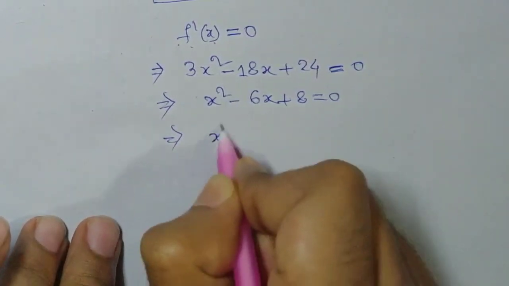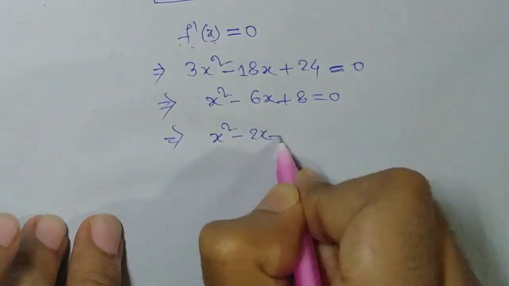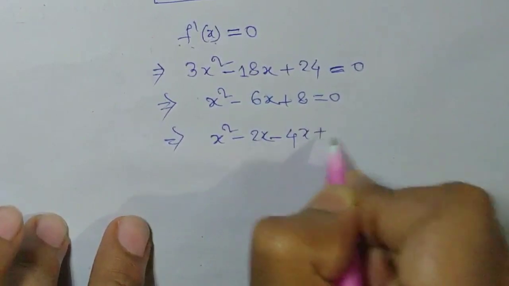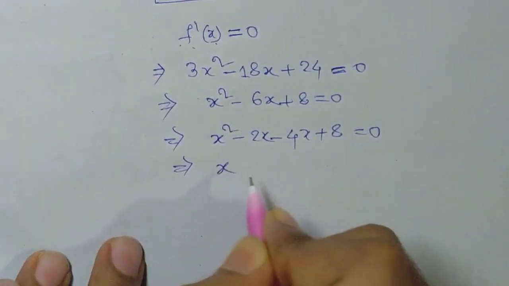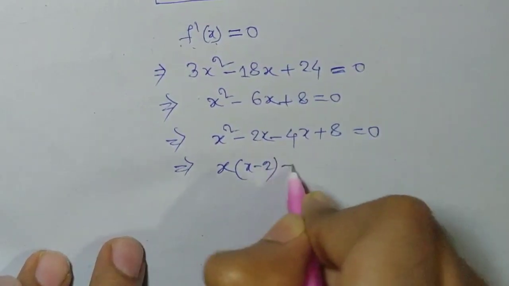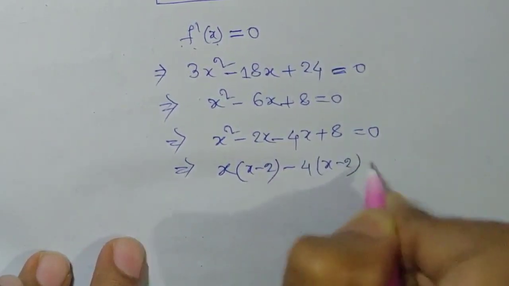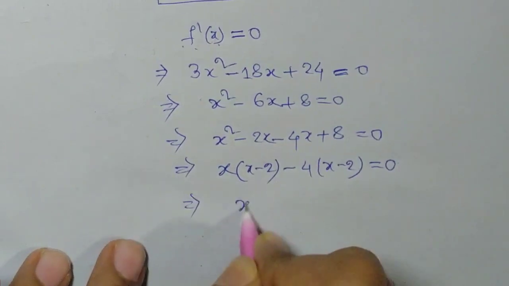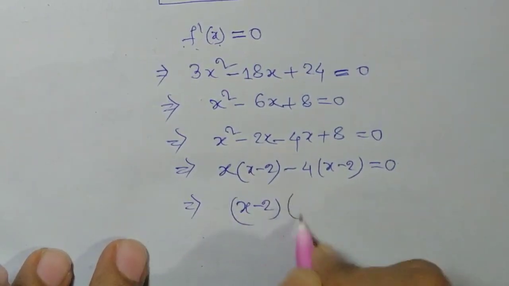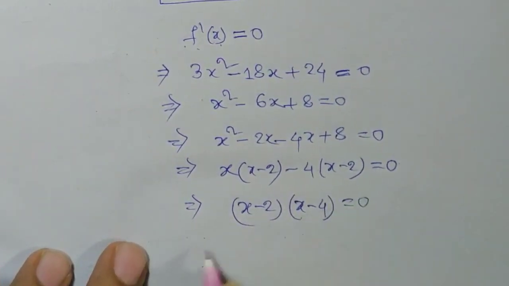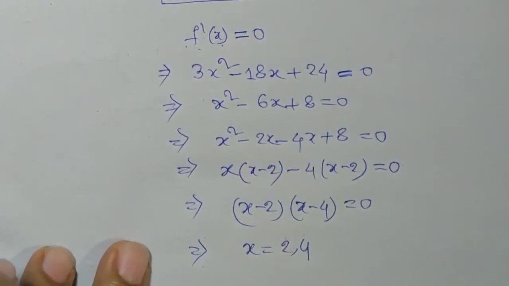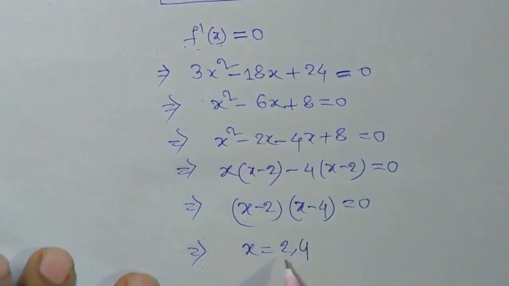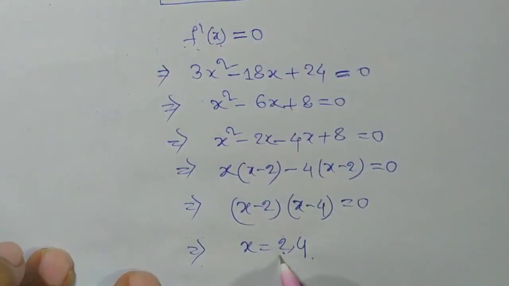This gives x square minus 2x minus 4x plus 8 equals 0, so x into x minus 2 minus 4 into x minus 2 equals 0. This gives x minus 2 into x minus 4 equal to 0, and this equals 2, 4. So either a will be 2 or 4, and b will be 4 or 2.